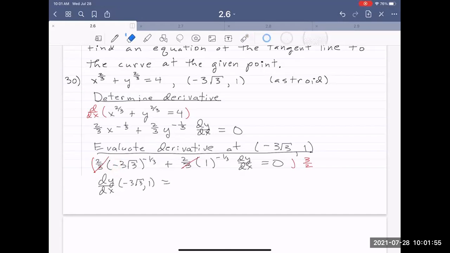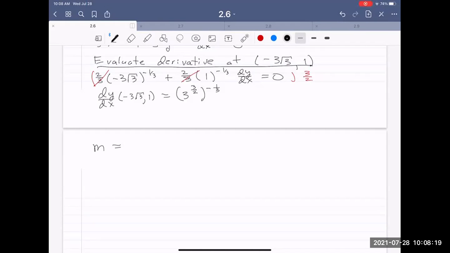So it's equal to 3 over √3. Maybe I should rewrite that: 3√3 is 3 to the 3/2. So the 3's cancel, and this is 3 to the -1/2. And so the slope is 1 over the square root of 3.